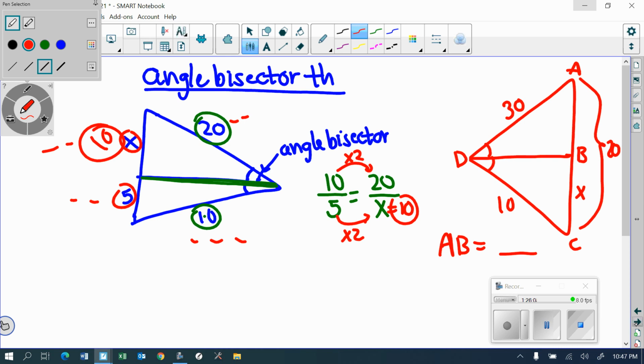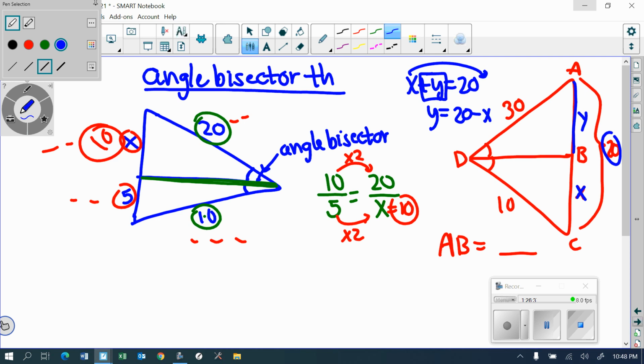So I'm like, oh boy, what do I do now? Well, I can still fill this in with algebraic expressions. If this is x and the whole thing, let's call the other part y, because I don't know what it is. It doesn't have to be x, which would mean it's the exact same length. I know x plus y equals 20, don't I? It's the whole length. So if I want to rewrite y in terms of x, solve for y: that'd be 20 minus x when I subtract across.